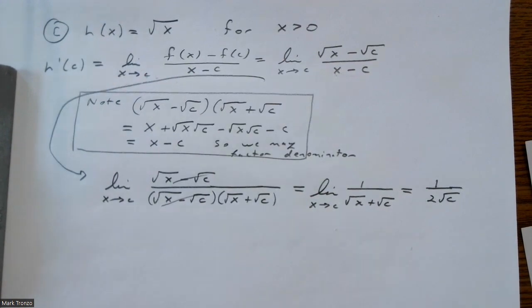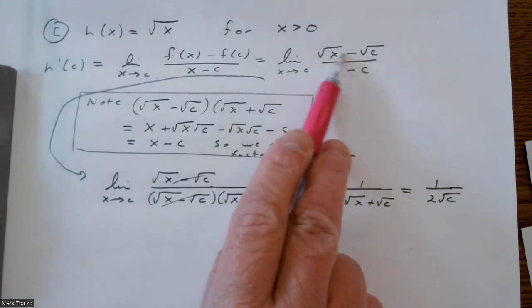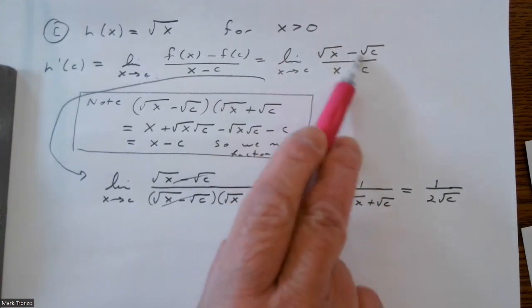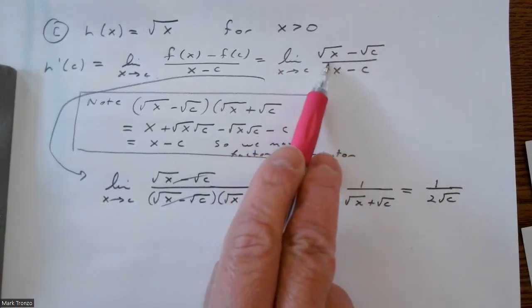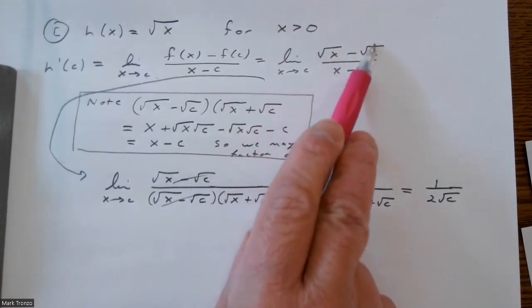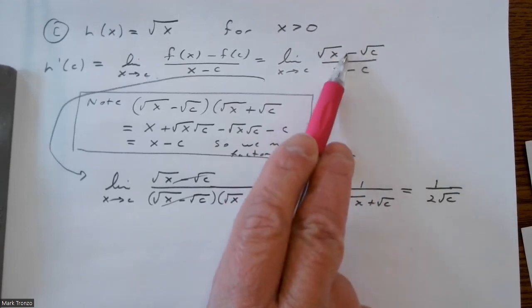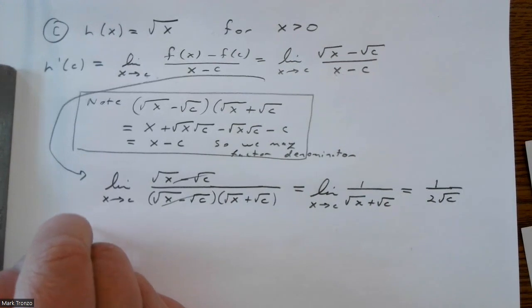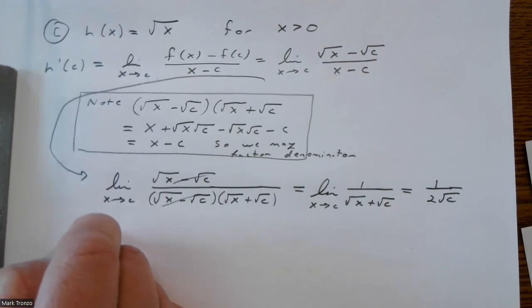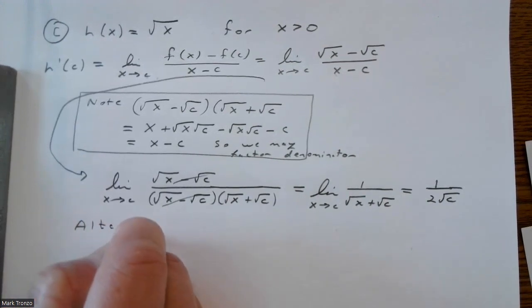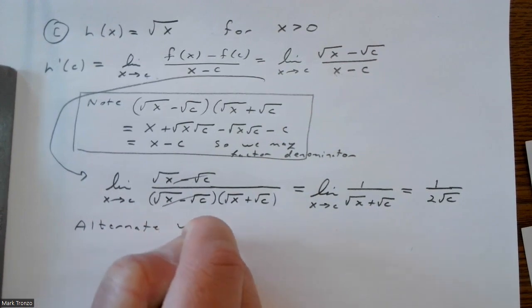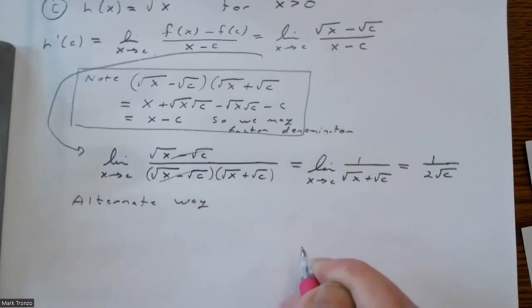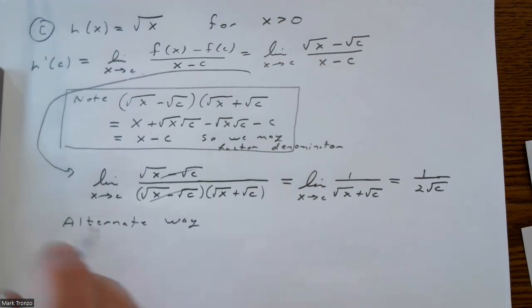So that's probably the quickest way, but if we didn't see that, let's see an alternative. Like I said, a lot of times when you see this, I usually think of multiplying by the conjugate to get rid of the square root. So let's try an alternate way, just so you have other ways to do these.